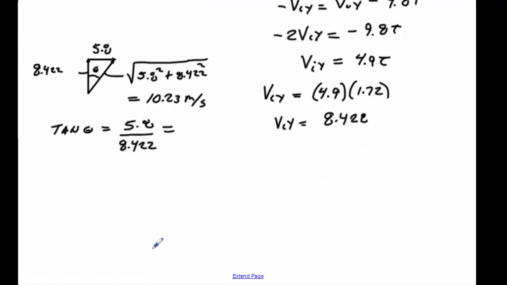Then we can take the inverse tangent, so theta is equal to the inverse tangent of 5.8 over 8.422. If I take the inverse tangent of 5.8 divided by 8.422, I will get an angle of 34.55.